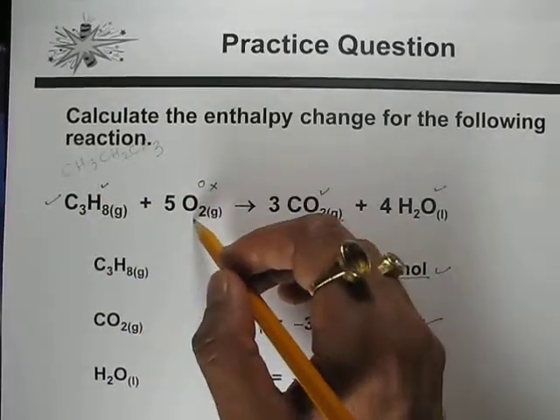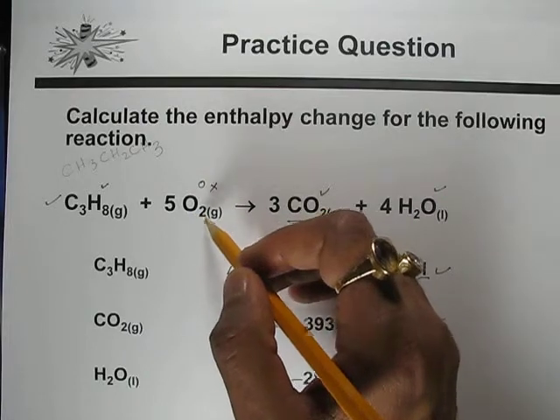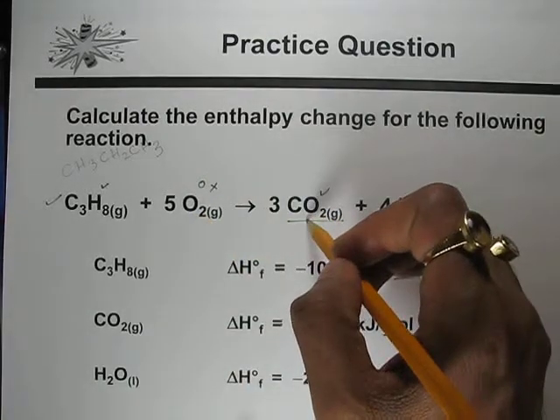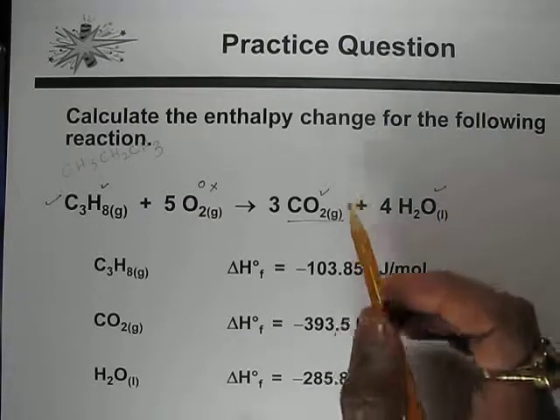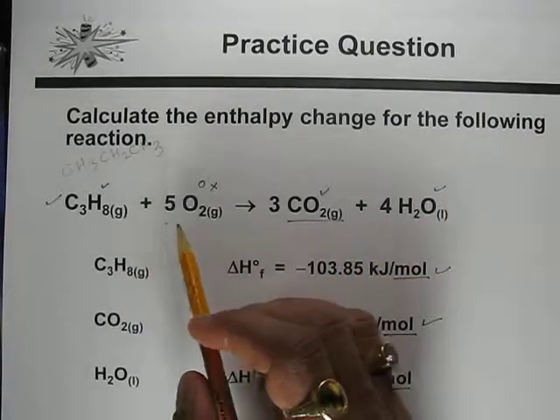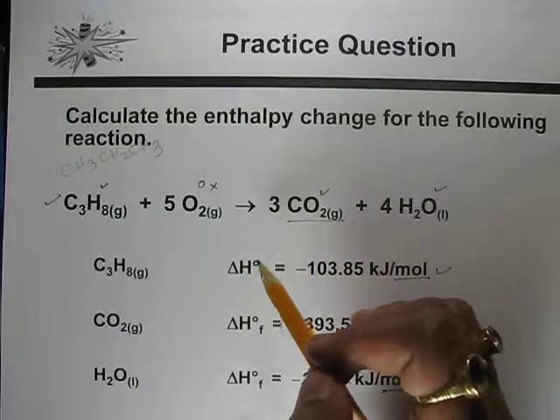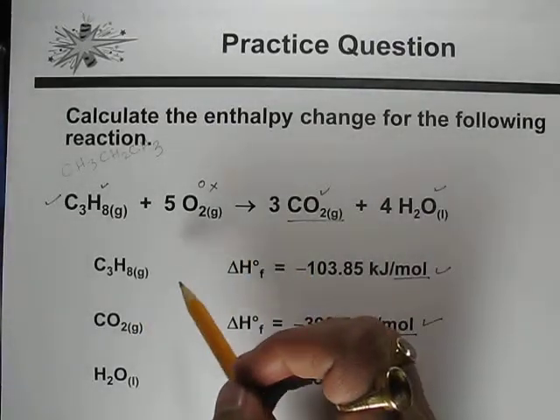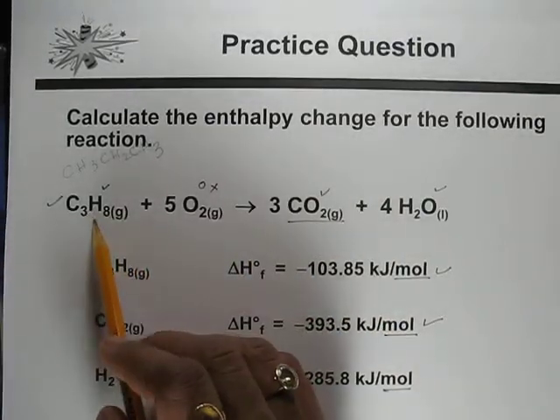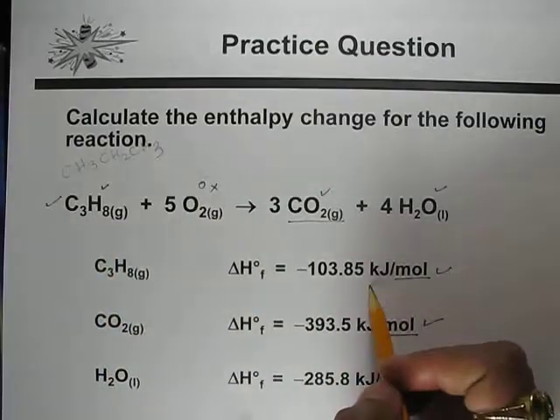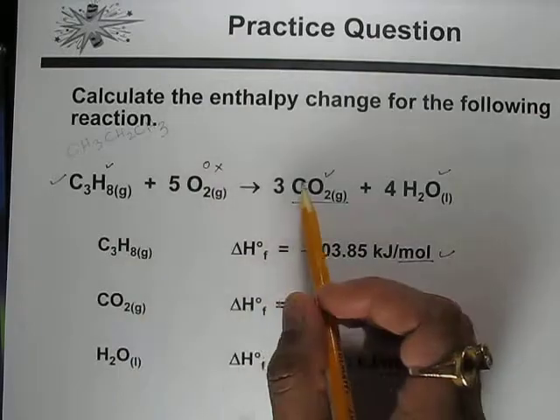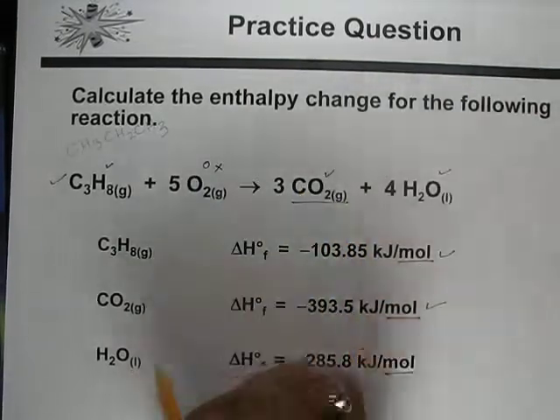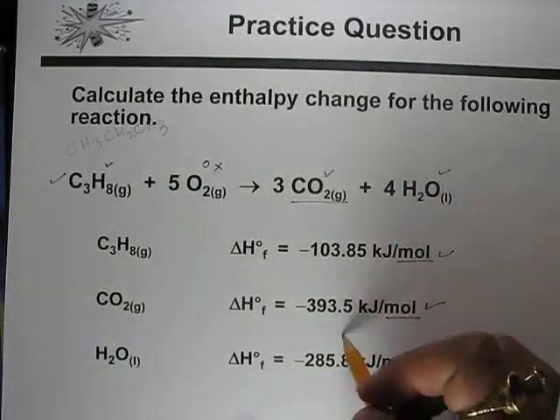Propane gas, when burned in the presence of oxygen gas, produces carbon dioxide gas and water. Propane gas we use in the lab, and the enthalpy of formation for propane gas is given at standard condition. Enthalpy of formation of carbon dioxide gas is given, and enthalpy of formation of water is given.